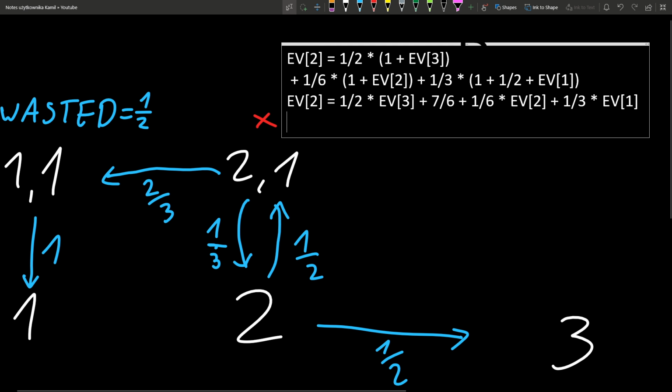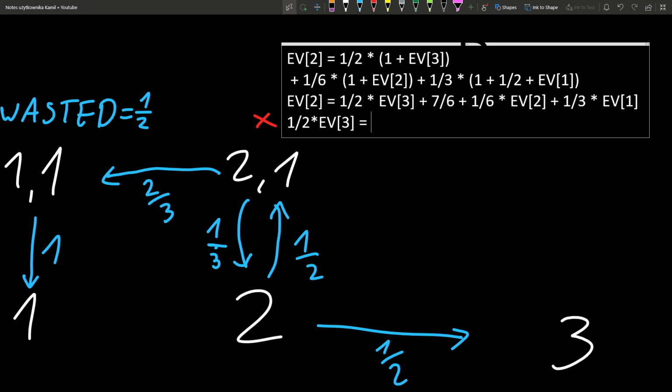Okay. I will move EV3 to the left. And it turns out to be that, wait, if I move to the left, it should be with minus. Or just let's move everything from right to left.